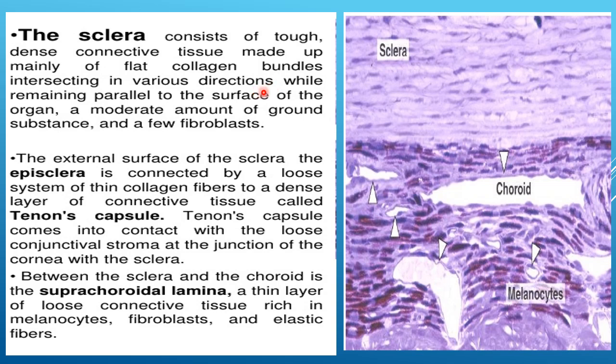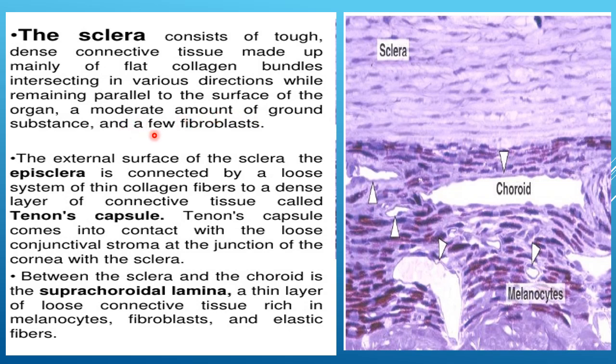This irregular arrangement and intersection of the collagen fibers is responsible for the opaque nature of the sclera. The bundles of collagen fibers are present parallel to the surface of the eyeball, but in the sclera proper, they intersect with each other in an irregular manner.